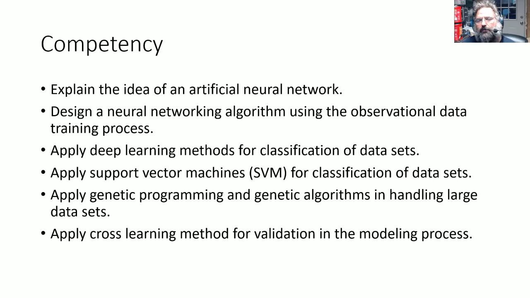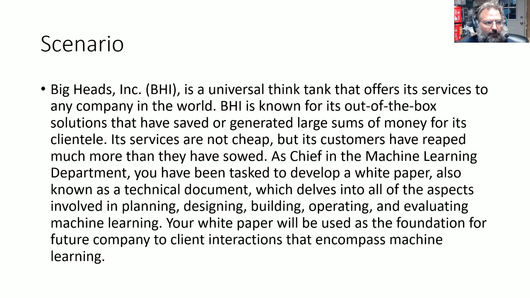Remember, deep learning just means there's 2 or more hidden layers. Apply supporting vector machines, so SVM for classification of data sets, and then apply genetic programming and genetic algorithms when handling a large data set. And then lastly, what we just talked about is applying cross-learning methods for validation in the modeling process.